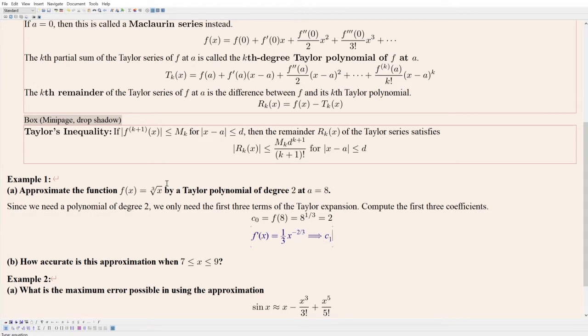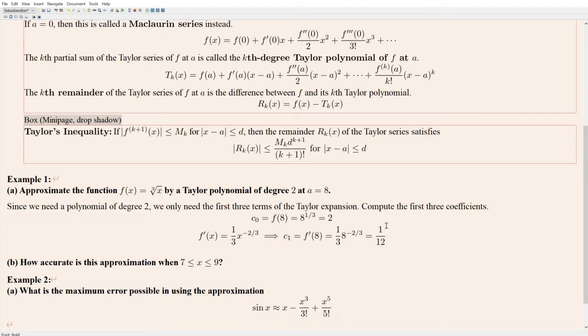So c sub 1 is f prime at 8. That's 1/3 times 8 to the negative 2/3. The third root gives us a 2, and 2 to the negative 2 is 1 over 2 squared, so that's 1 over 4. So 1/3 times 1 over 4 is 1/12.